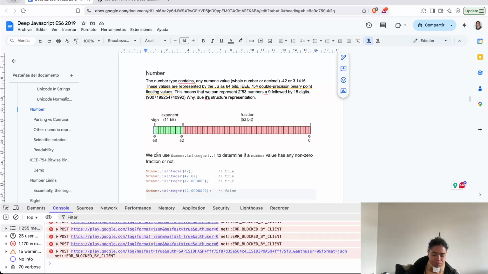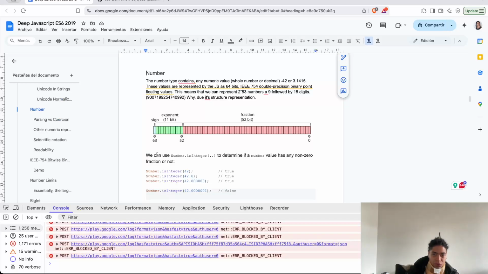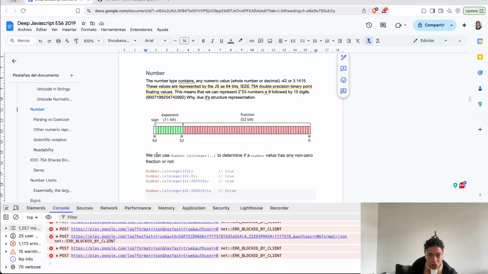This uses the 64-bit representation, known as the double precision binary floating point values from the IEEE 754 spec, which describes how these double precision binary values are represented.